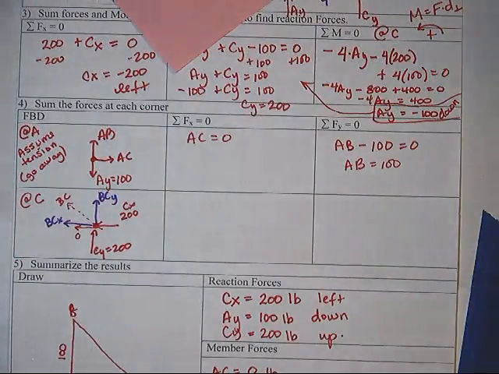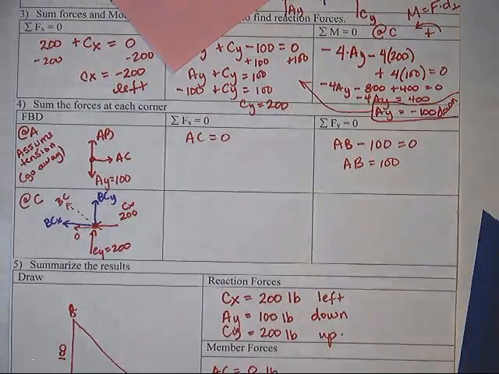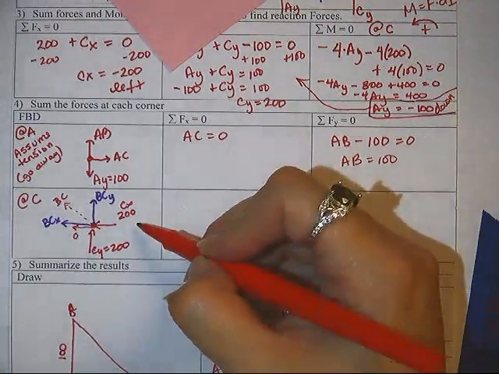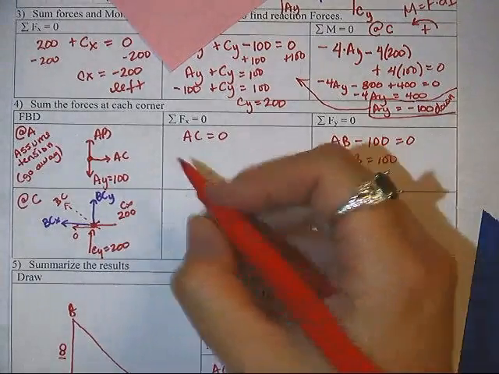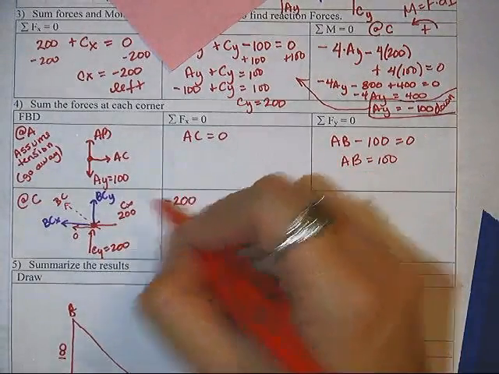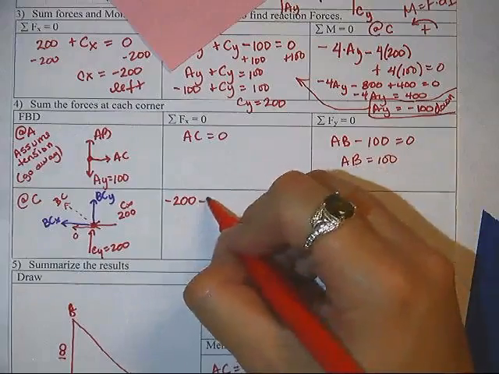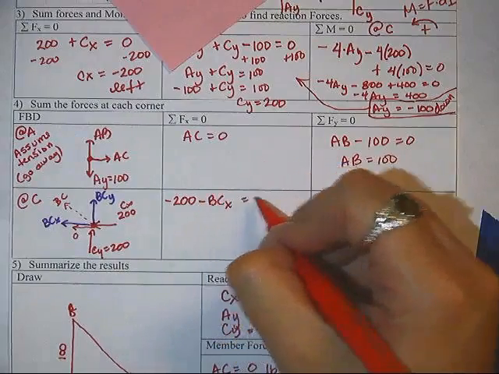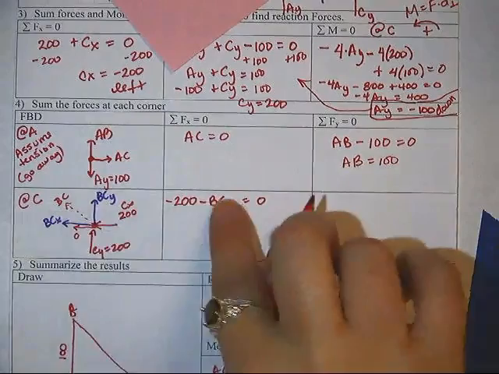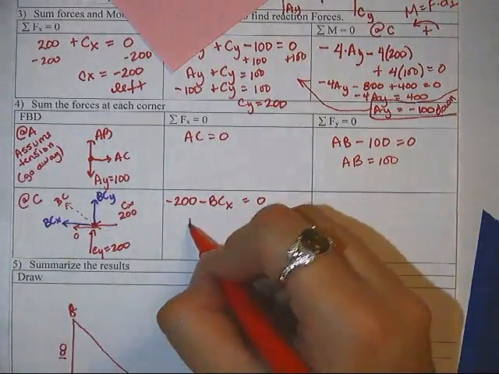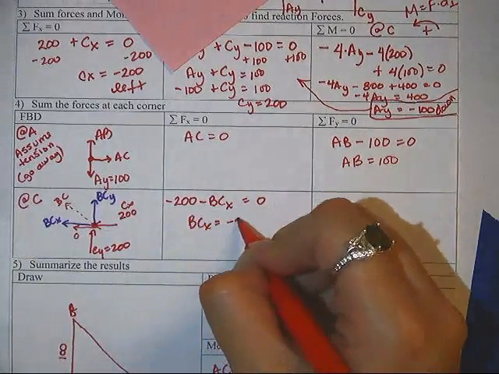We did that before with vectors. So now I'm just going to do my sum of the forces like normal. My sum of the forces in the X: I have CX, 200 that way, so that's negative direction. And BCX, that's in the negative direction. And that's it, because AC is 0. So I find BCX equals negative 200.